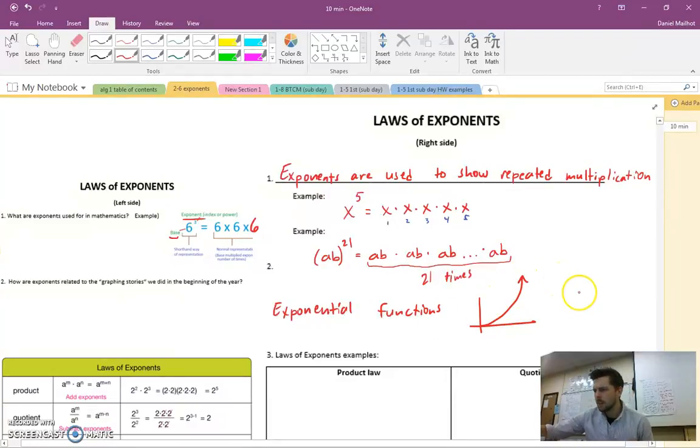Or I think on our quiz, we had one that shrunk also. Remember the bacteria multiplying, it's doubling. It's times 2, times 2, times 2. That's exponential, repeated multiplication. All right? And we'll come back to exponential functions, exponential graphs later in the year.